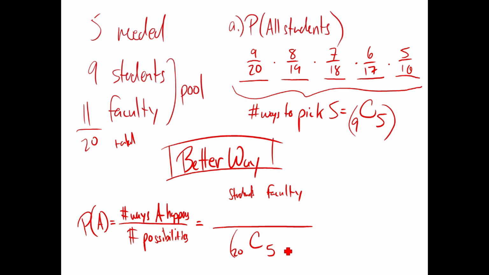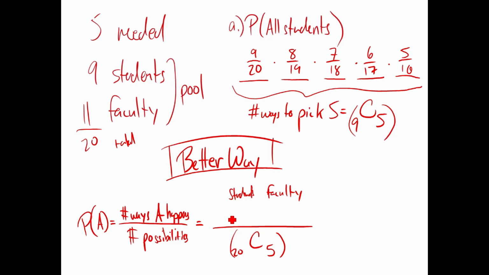So there's 20C5 ways to pick 5 people for your jury, in general. This includes lots of different options where they could all be students or all be faculty or anywhere in between. This 20C5 is going to cover all of those possibilities. So this covers all your possible 5-person juries out of the 20 total candidates.